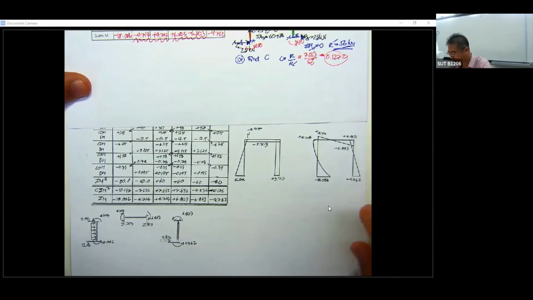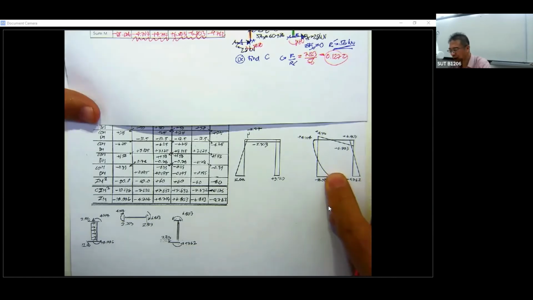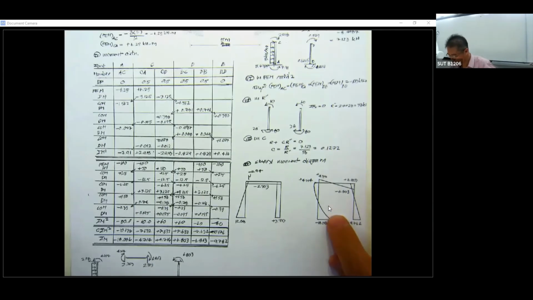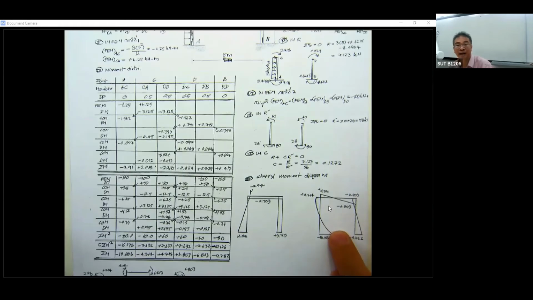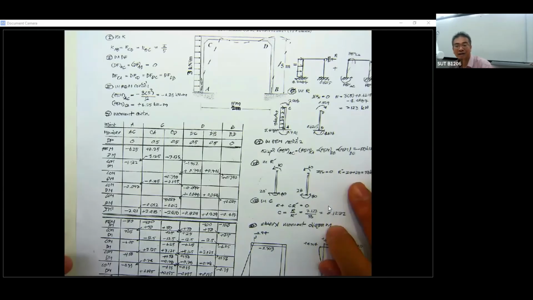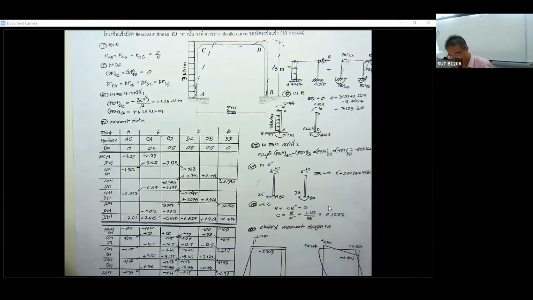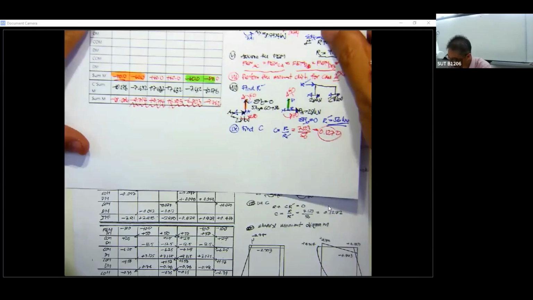And finally, based upon this you may draw the elastic curve to be something like this one.